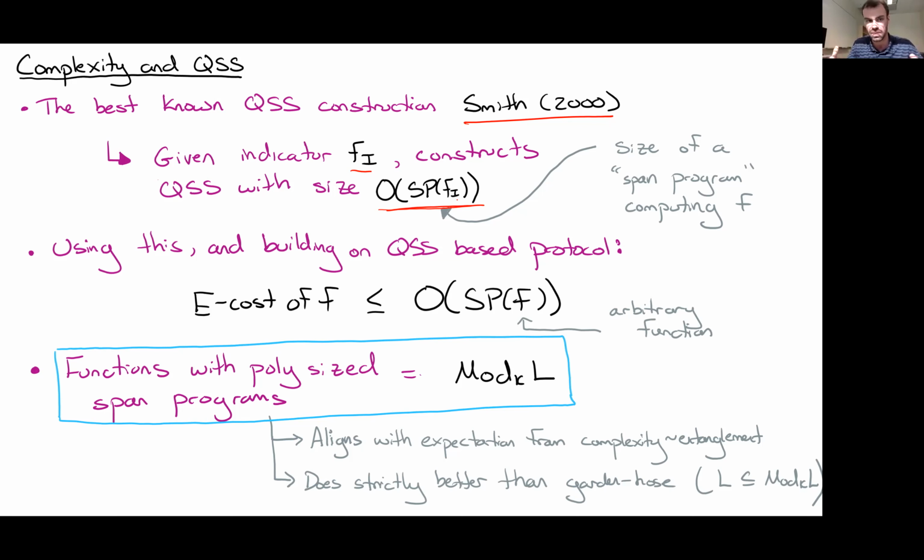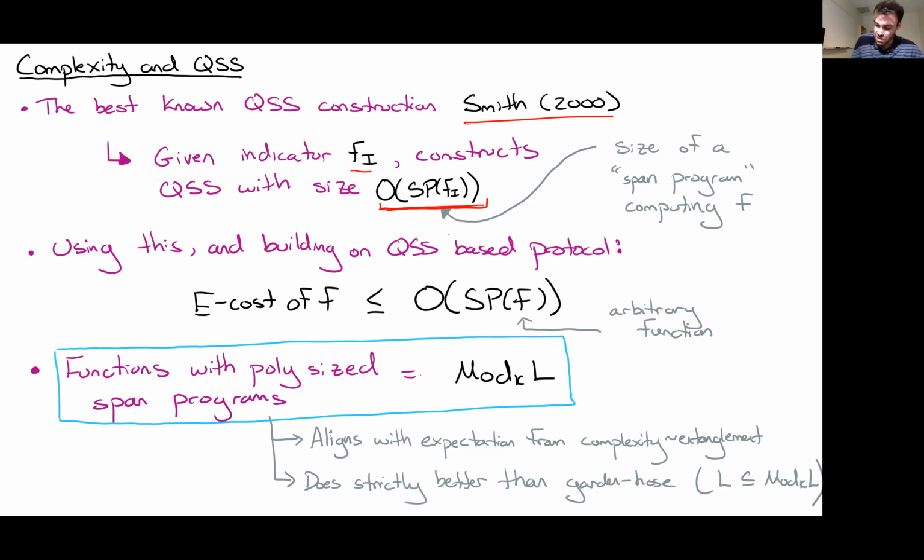A span program is just some kind of model of computation, analogous to, say, a Turing machine. And the size of the program is some kind of measure of the resources used in that model of computation to compute this function. In that way, you should think of the span program size as a measure of complexity. It's a very different measure than, say, circuit complexity, but it's still a measure of complexity.